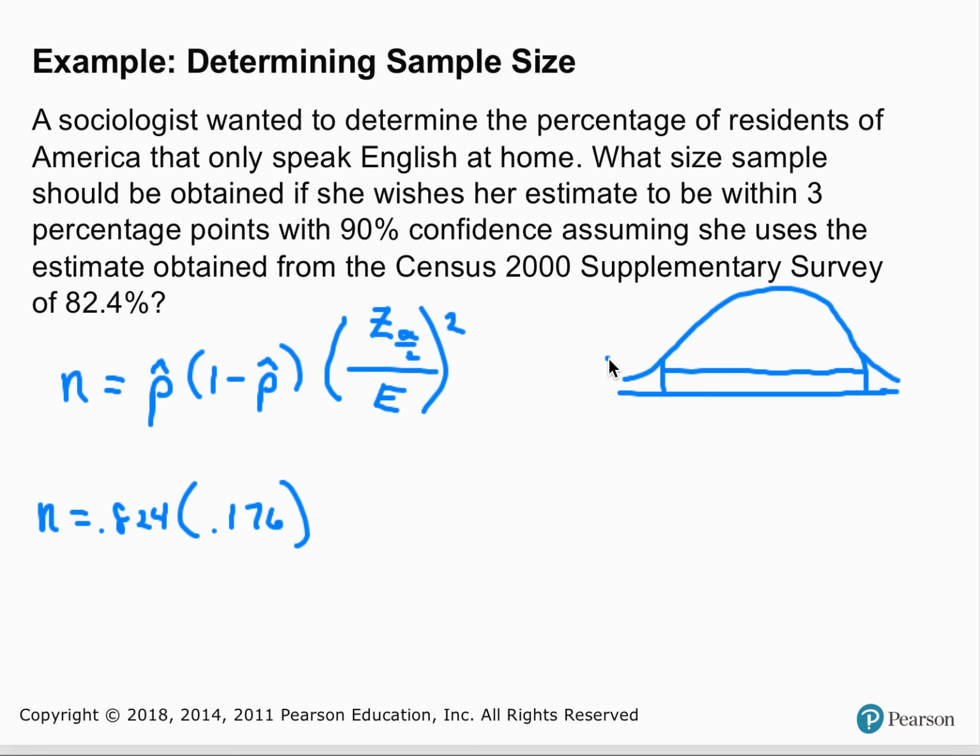That means this is 5% and this is 5%. So really I'm looking for z sub 0.05, and if I look on my chart, that's the one we just found, 0.05. There it is: 1.645, it's negative, but 1.645.